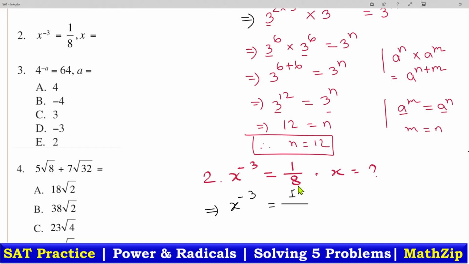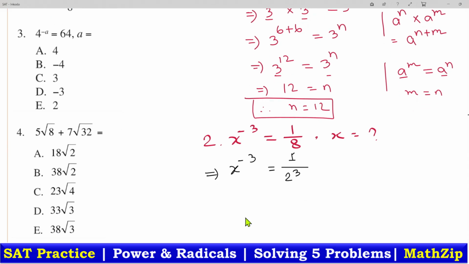This 1 divided by 8 we can write as 2 to the power 3, right? Then, as per the negative exponent, we can write 2 to the power minus 3, because we know a to the power minus n equals 1 by a to the power n.